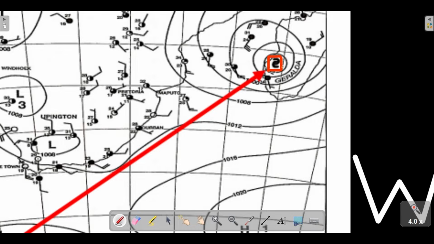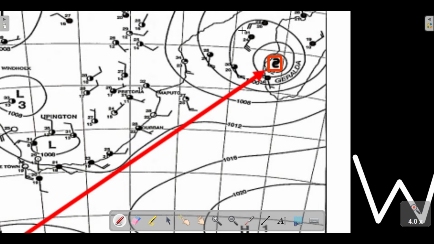Once you can identify this symbol, you can definitely say that this is a tropical cyclone. Here again you have these weather stations. I think we should have a video on weather stations. These weather station models are illustrating a clockwise movement of air as well.